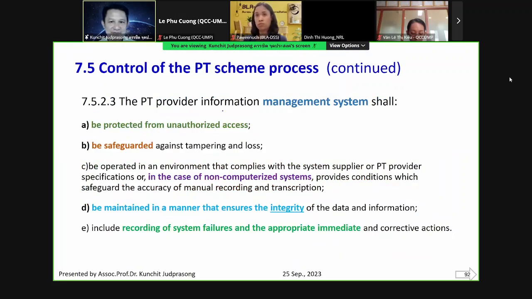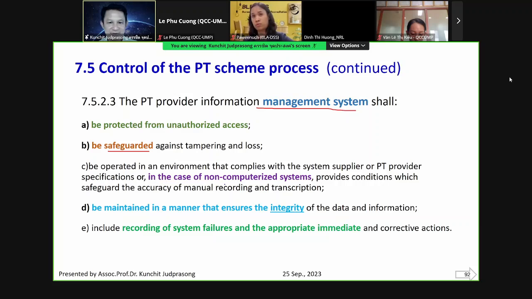Okay, the PTP information management system shall be protected from unauthorized access. The previous one was in the technical, this is in management. To protect against unauthorized access, safeguard against tampering or loss, it is to be operated in an environment that complies with the system supplier or PTP specification.